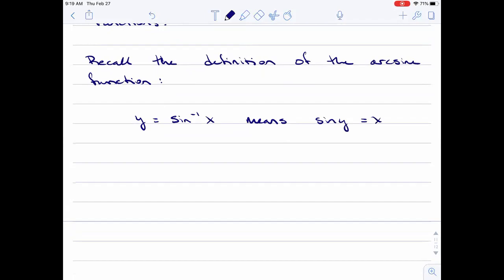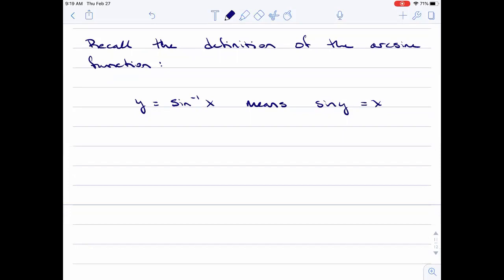Because if the inverse sine is on the x, then I can move it over and wrap it around the y and just have sine. So sine of y is x, and that's just the definition of the arcsine, or the inverse sine: the sine of y equals x, and y equals the sine inverse of x. We're going to use the fact that sine y equals x later.